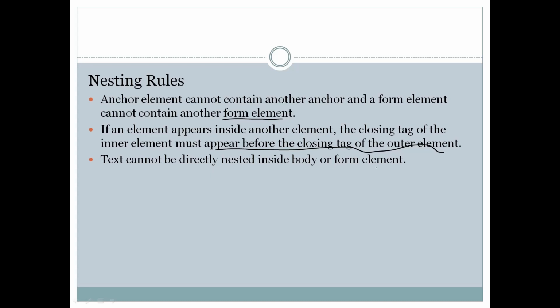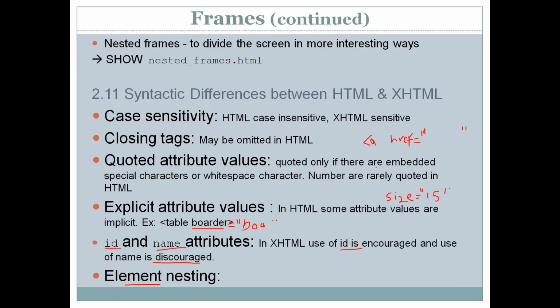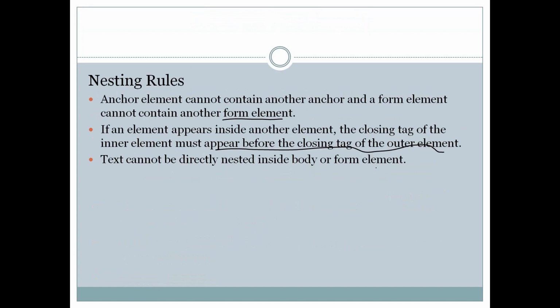It is suggested that we should not include text directly inside the body or the form tag. Text generally needs to be included inside a paragraph tag or any other available tags. So these are some nesting rules. We have gone through some syntactic differences between HTML and XHTML, and also some nesting rules.